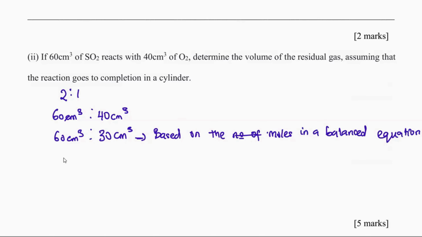So now our residual gas will be what we got minus what was supposed to be. It's equal to 40 minus 30, which is 10. So our answer is going to be 10 cm³. So our residual gas is 10 cm³ of oxygen.